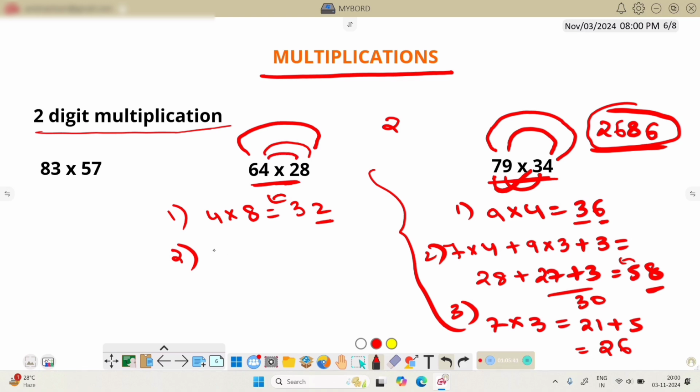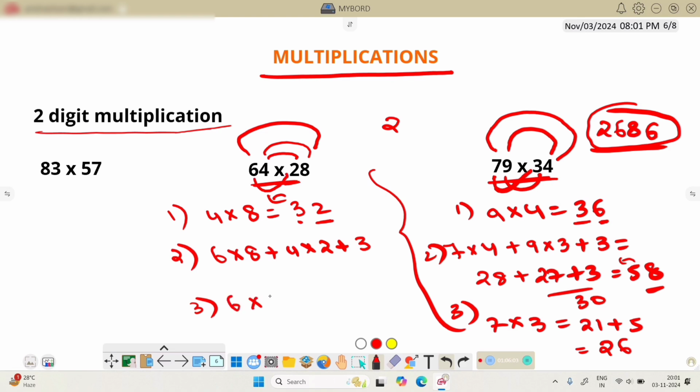Okay, so 6 into 8 plus 4 into 2 plus the carried number 3. Okay, this number. So you just solve it, and next you just multiply the first digits 6 and 2.